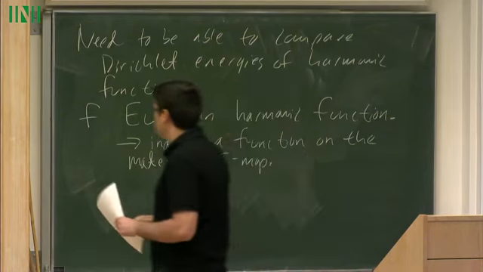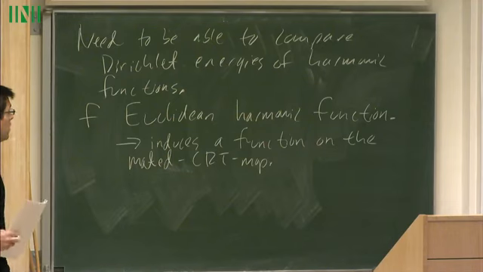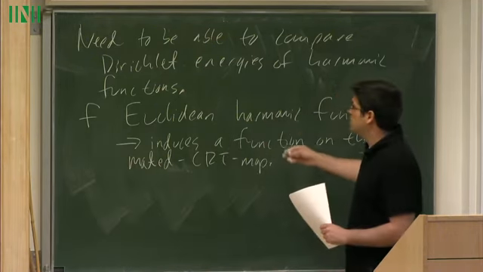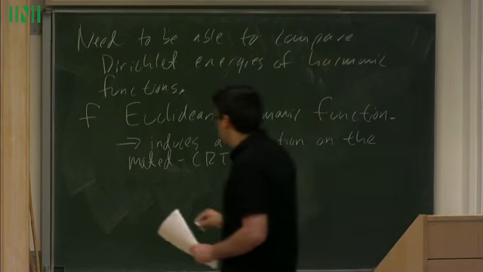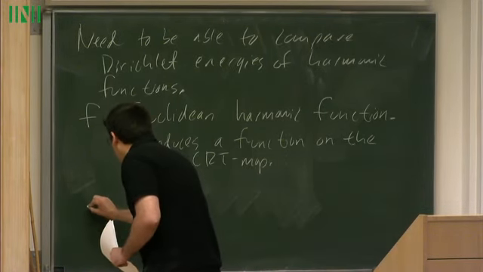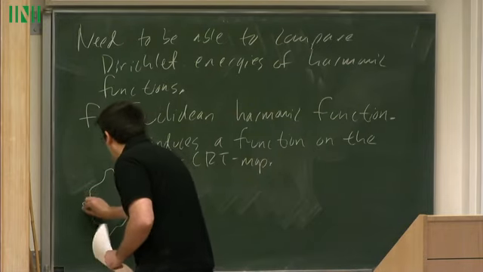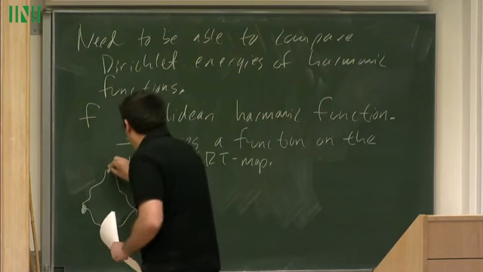And of course, you have to make a choice when you do this, because you have to decide what value your function on the graph is going to take based on the Euclidean harmonic function. And there are a variety of different ways of doing it. So one simple way of doing it is, if you have one of these cells, essentially it's not really going to matter.